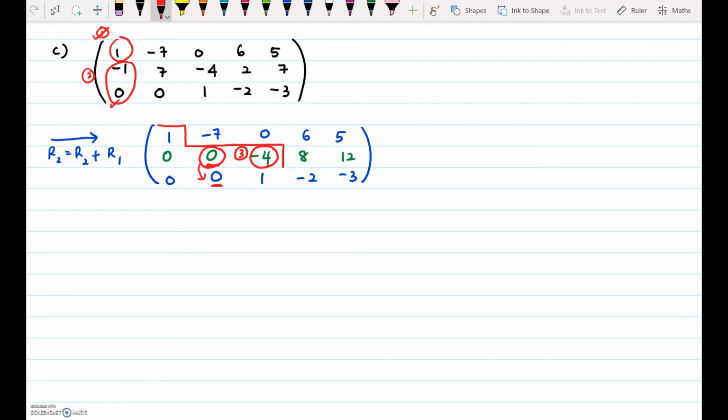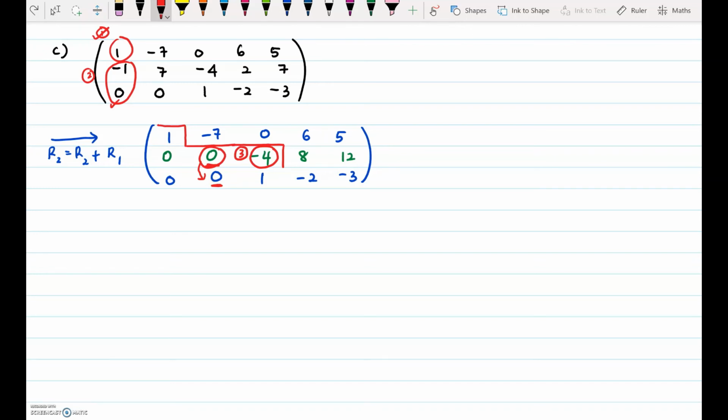If you had 1 here, then you could interchange rows and make your second row, second column the leading one. But since you don't have any number there, we will move to the next column.